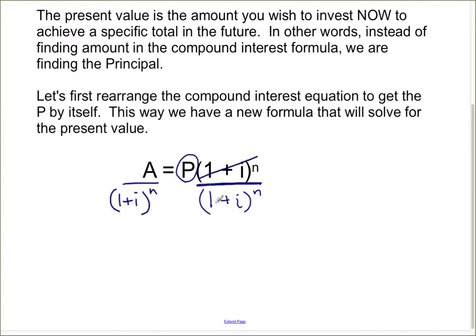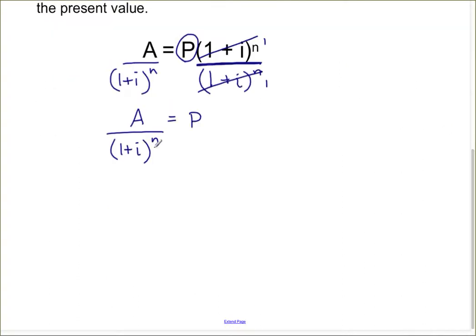What that does is it allows me to get rid of it on this side, because anything divided by itself is just 1. So on this side I have 1 times P, which is just P, and on this side I have A over 1 plus i to the n. Now remember when we worked with exponents, anything on the bottom with an exponent, if I wanted to switch it to the top, all I had to do was give it a negative exponent.